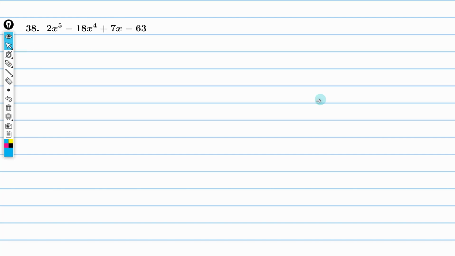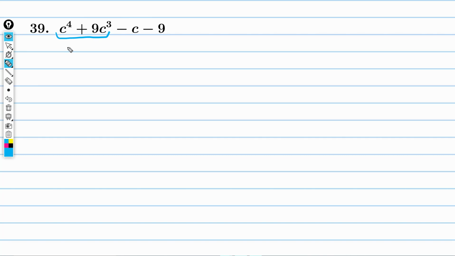So let's look at number 39. Out of the first two terms, now look and see what can factor out of these two guys. Well, a c to the 3rd power can. So my GCF is c cubed. Open your parentheses, and we have c plus 9 that's left.